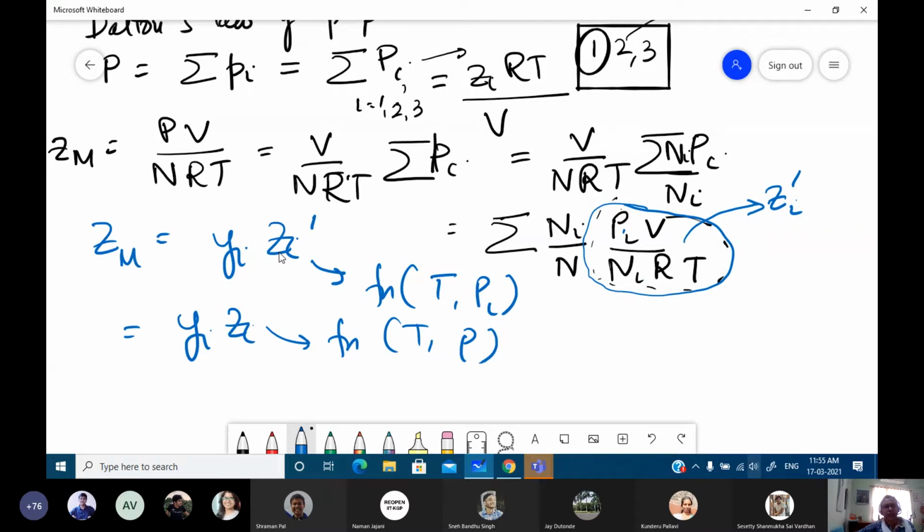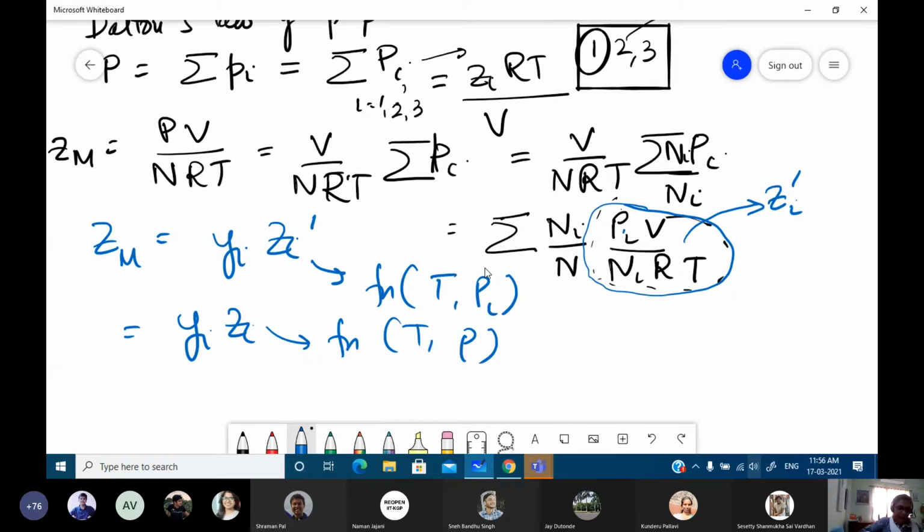The only difference is that for Amagat's law, we define Zi at the temperature and pressure of the mixture. For Dalton's law, we define Zi prime at the temperature of the mixture, but the pure component pressure. So this concept is clear to you, I believe.